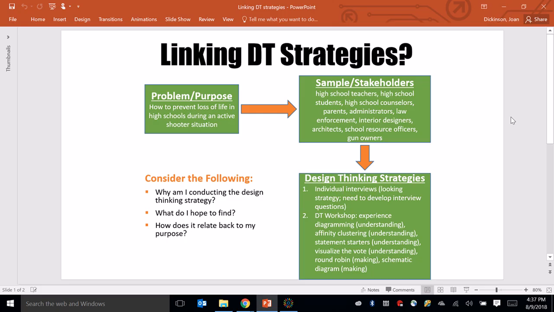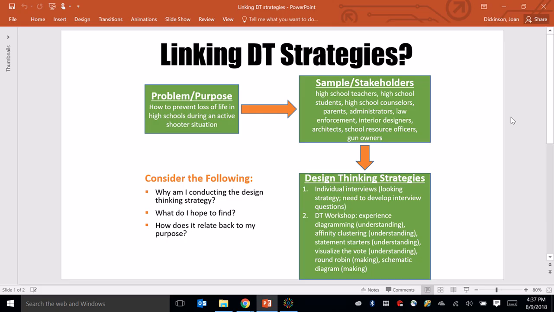For example, let's suppose one of the themes was hiding. We might say to our participants, how might we enhance hiding during an active shooter situation?